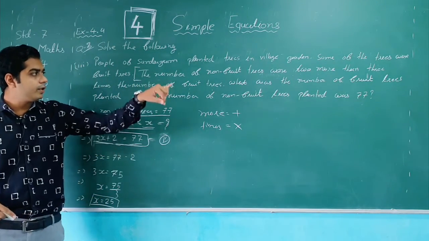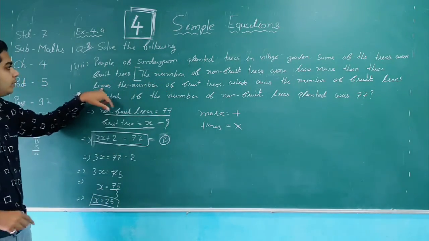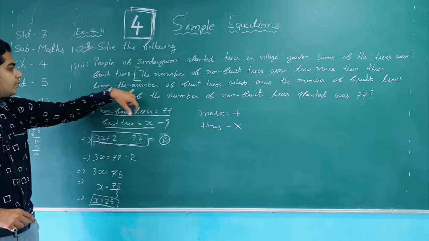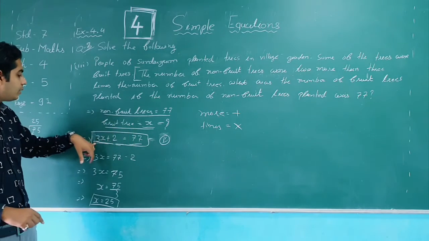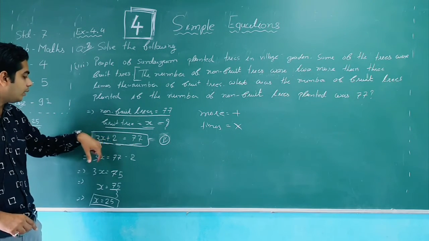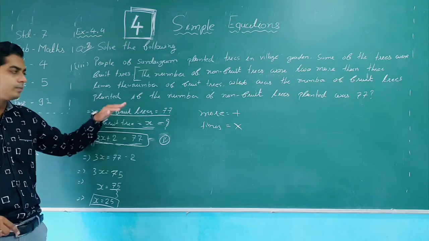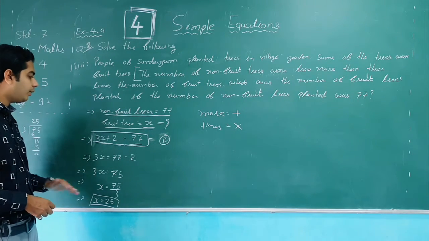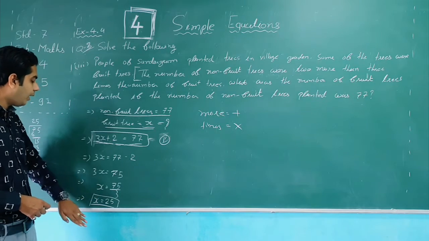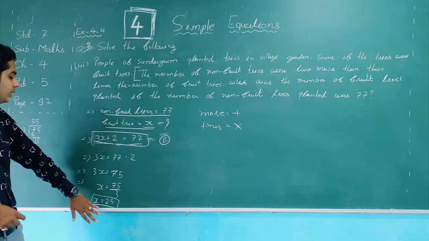The number of fruit trees were 2 more than 3 times the number. 3 times the number means 3x, the number of fruit trees. So 3x plus 2 is equal to 77. That's how we can form the equation. After forming the equation, we have to solve it, and we find the number of fruit trees, which is 25.